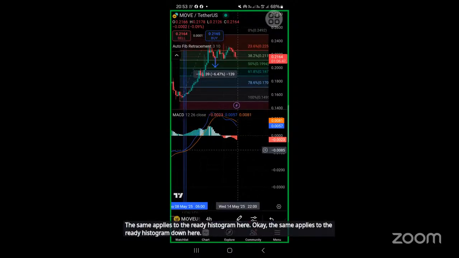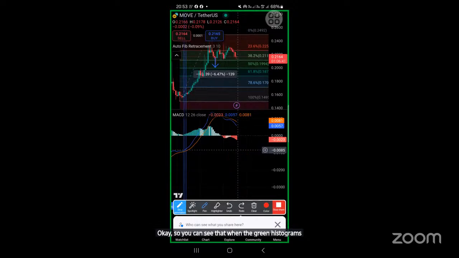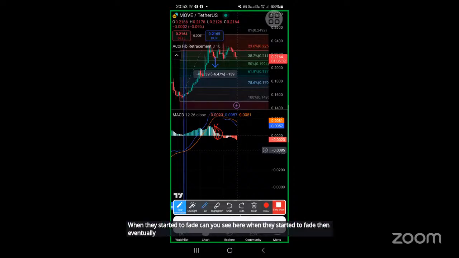So you can see that when the green histograms started to fade, can you see here? When they started to fade, then eventually the red histograms started to appear.